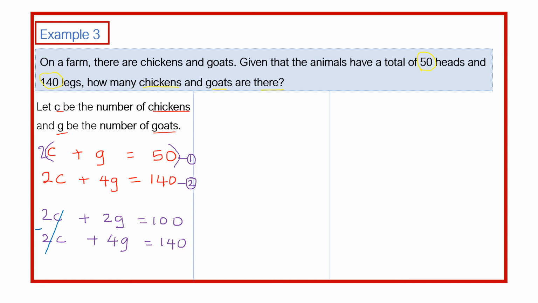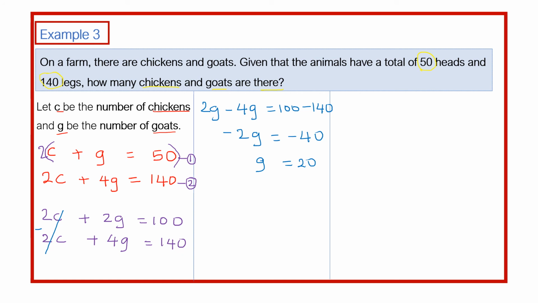Then we get 2G minus 4G, and we get 100 minus 140, such that we get minus 2G equals minus 40, and then G will be 20. Remember, we said that G is for goats, therefore we have 20 goats.